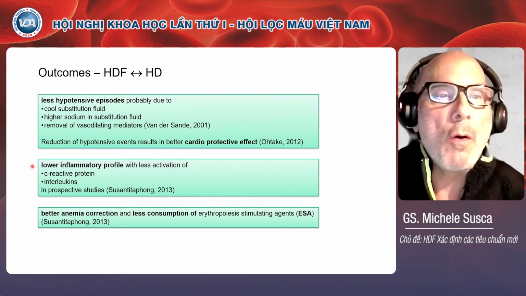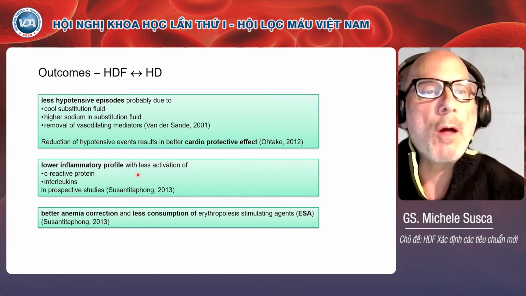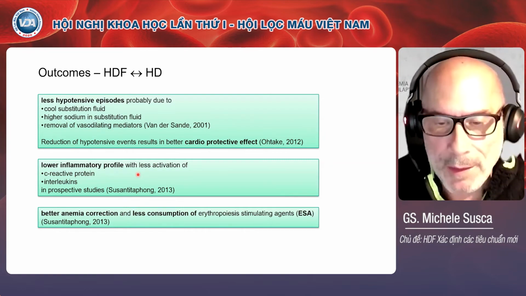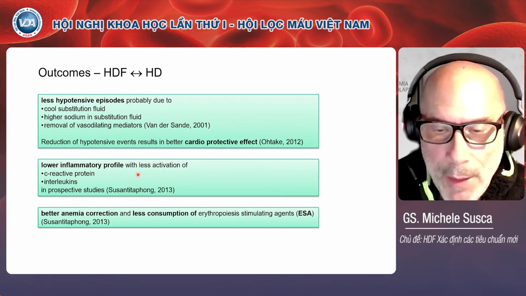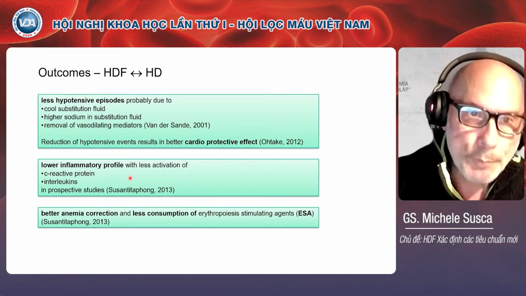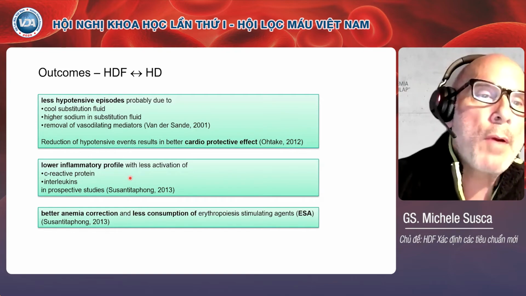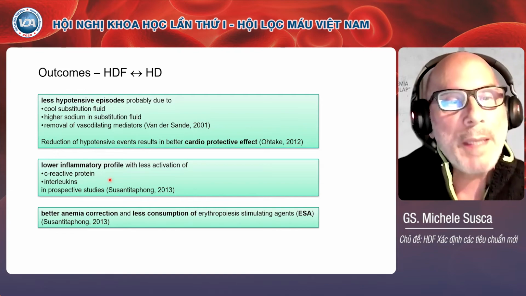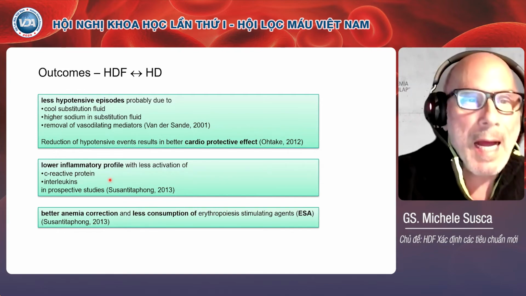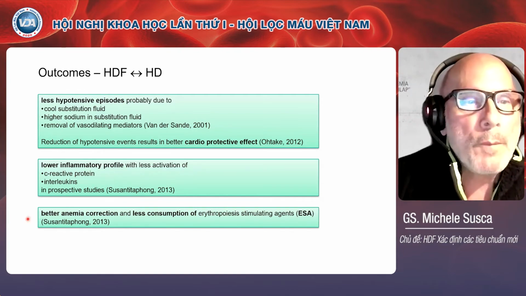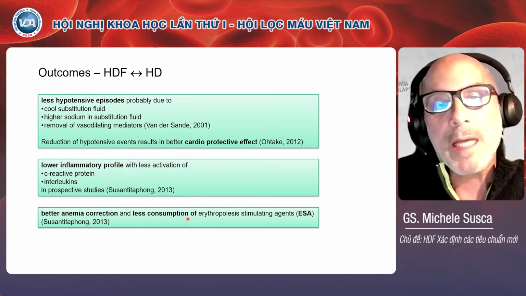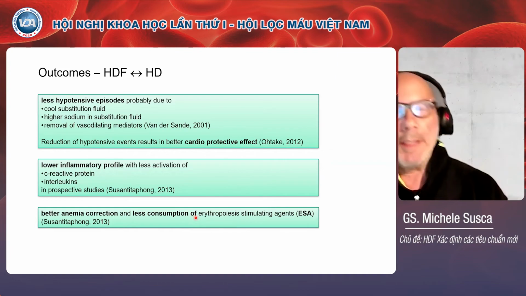We also have a lower inflammatory profile because we are using more biocompatible membranes, so the inflammatory profile is much better. Also, anemia correction is better, with less consumption of erythropoietin stimulating agents.